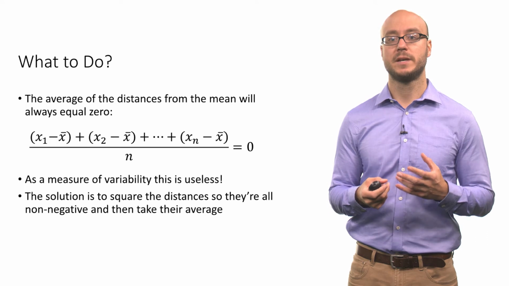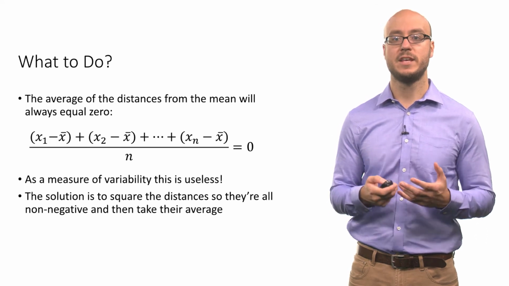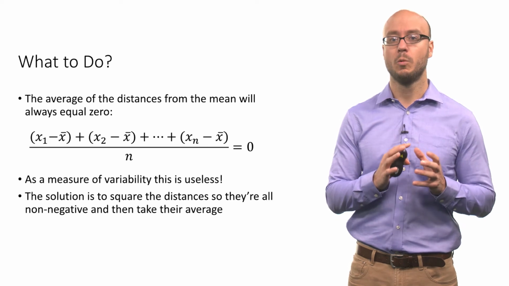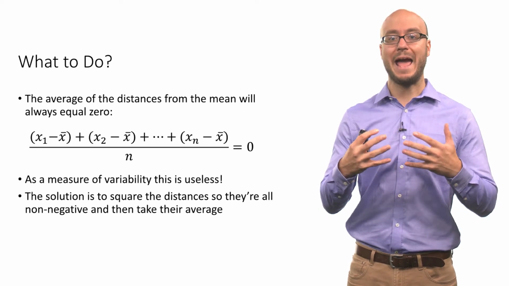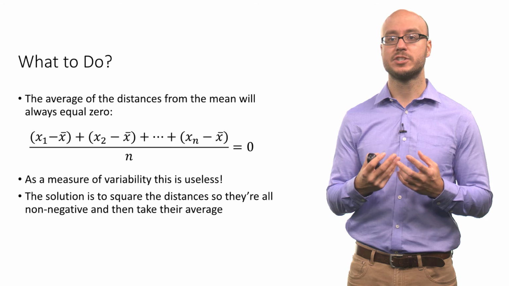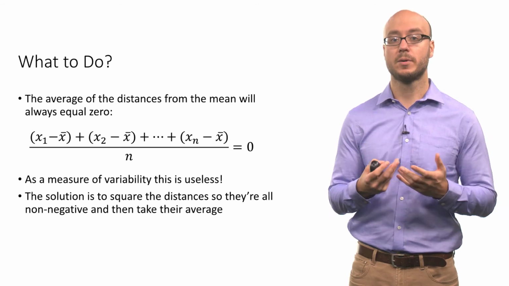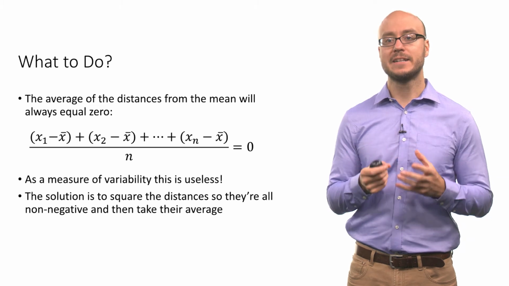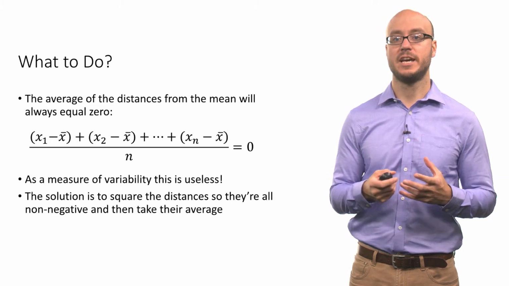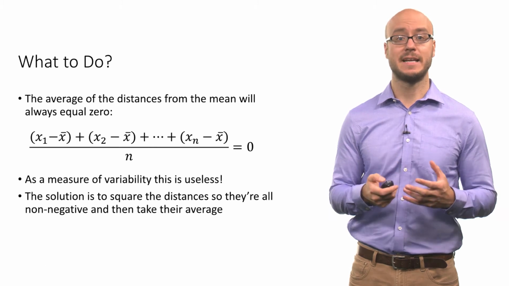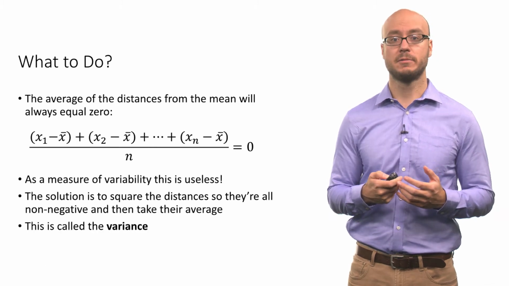And we like this because we can make those negative deviations, those values that lie below the mean, positive. So when we add up all these values and take the average, we can get a non-zero, positive number. That's why we like to square these deviations or distances: so that we have a measure of variability that makes sense and doesn't always add up to 0.